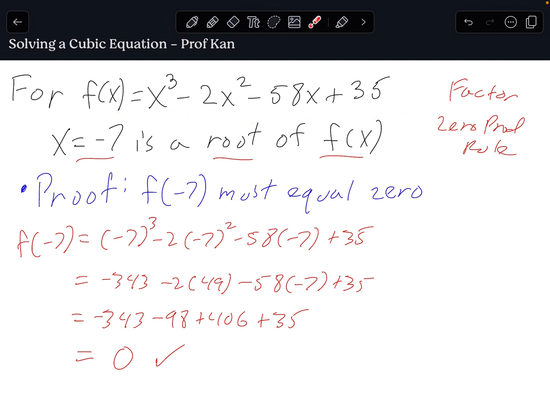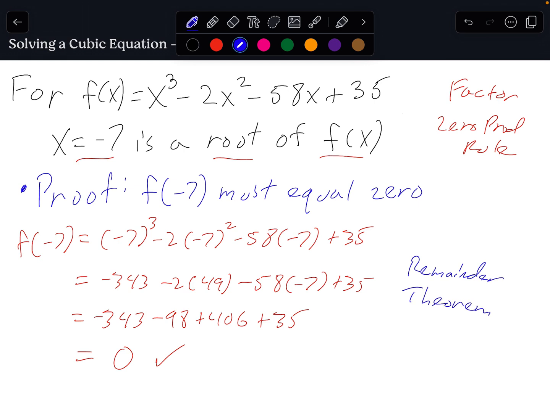So if x is -7 is a root, right? We know that x equals -7 is a root. Then this here is us using the remainder theorem, in order to confirm that.